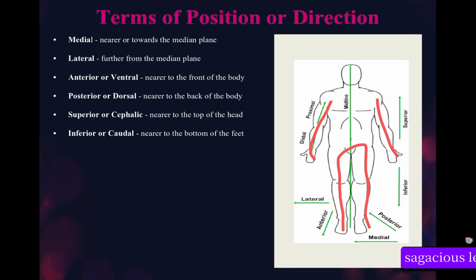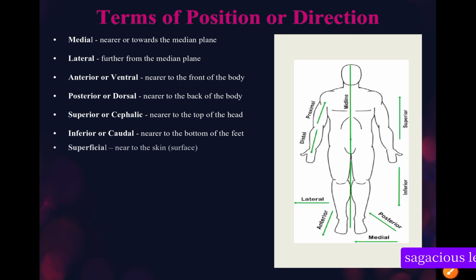Now let's talk about superficial. When I mean something is superficial, it means it is close to the skin. So we have what's called the superficial and we have what's called the deep. Superficial means it is close to the skin. Example, the pectoral region.